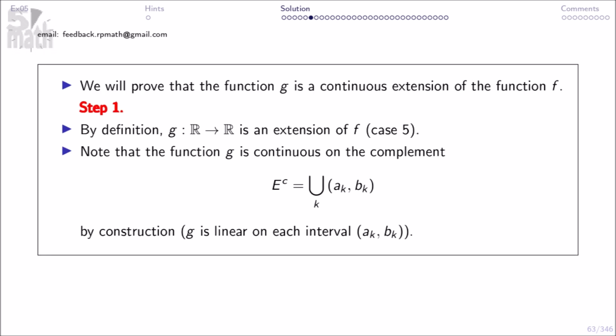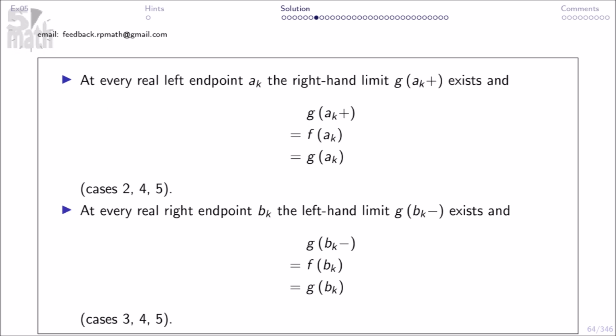We will prove that the function g is a continuous extension of the function f. Step 1. By definition, g here is an extension of f, Case 5. Note that the function g is continuous on the complement, here, by construction. g is linear on each interval (a_k, b_k). At every real left endpoint a_k, the right-hand limit g(a_k+) exists and is the following.